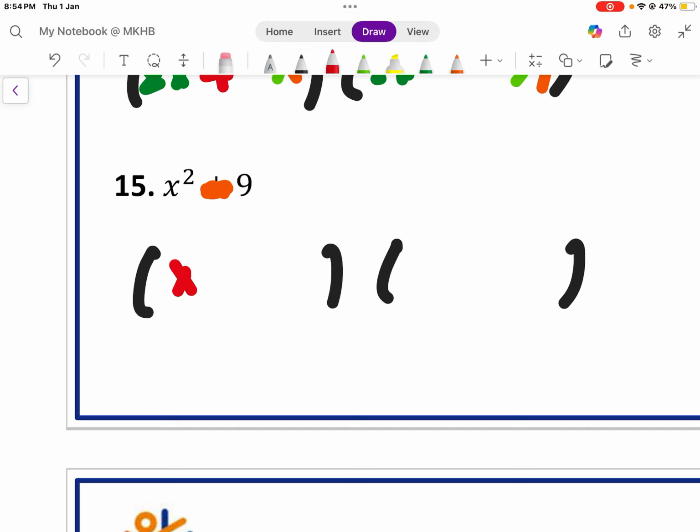Plus, minus. x here, x there, because of the square root of x square. And 3 here and 3 here. And because this is positive, I add i, two i's. Are we good?